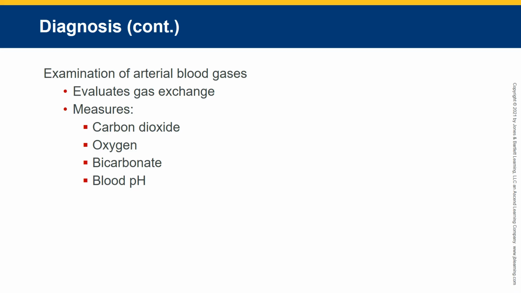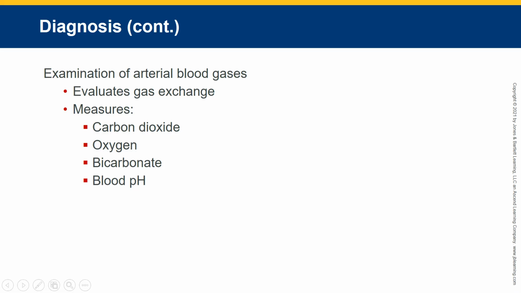As I said, ABGs or blood gases are a snapshot in time. They do an arterial blood draw and measure how much carbon dioxide is there, how much oxygen, and how much bicarbonate. Remember, we were talking about carbonic acid, one of the parts of the process.